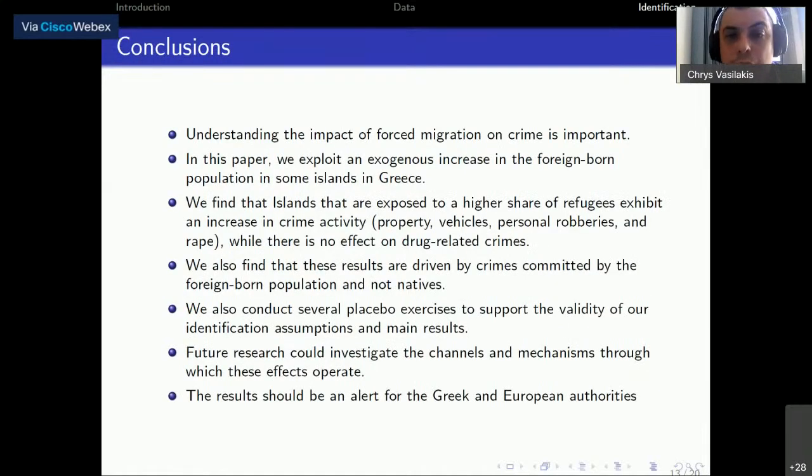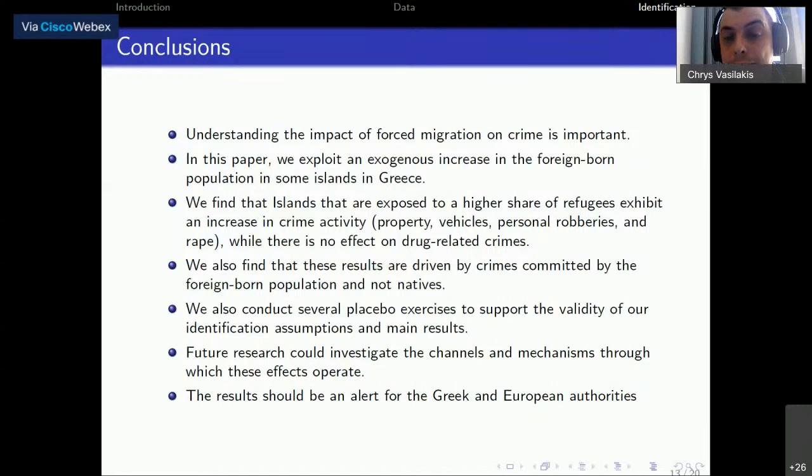To conclude, it's very important to investigate the research question of whether forced migration has an effect on crime or not. This paper exploits an exogenous increase in the foreign-born population that happened in some Greek islands.